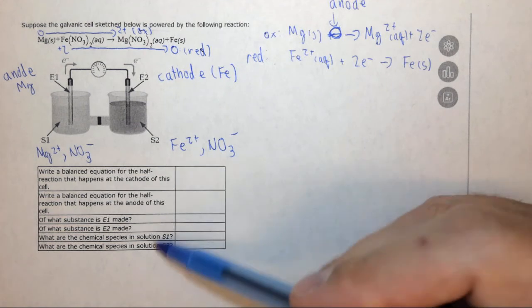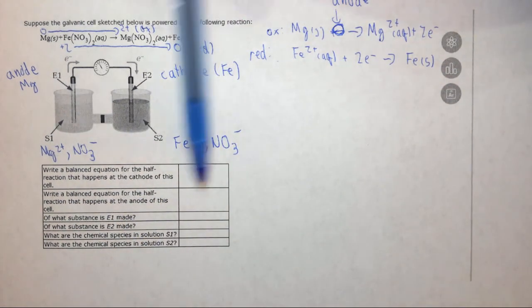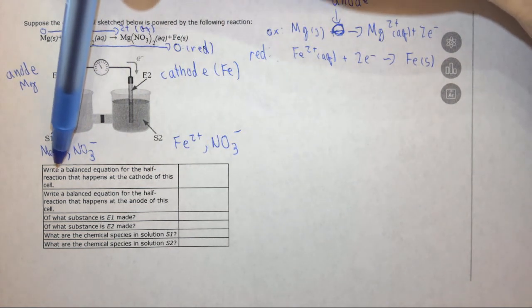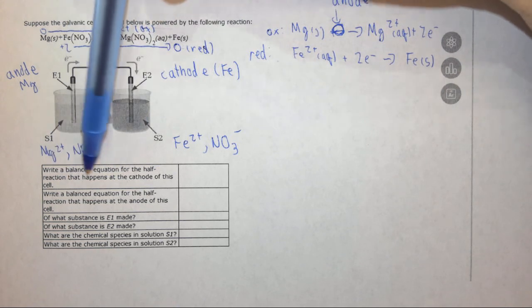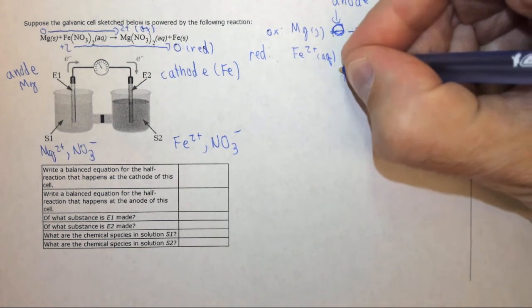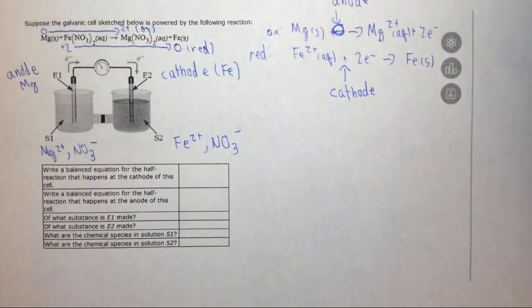To answer the questions below, we actually have answered all of them. We could go ahead and just figure out which one goes with which. So it says, write a balanced equation for the half reaction that appears at the cathode of this cell. Well, I didn't label it here, but the reduction is occurring at the cathode. So you kind of just have to memorize that.